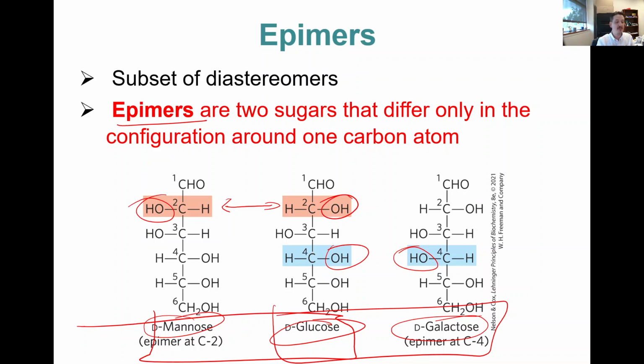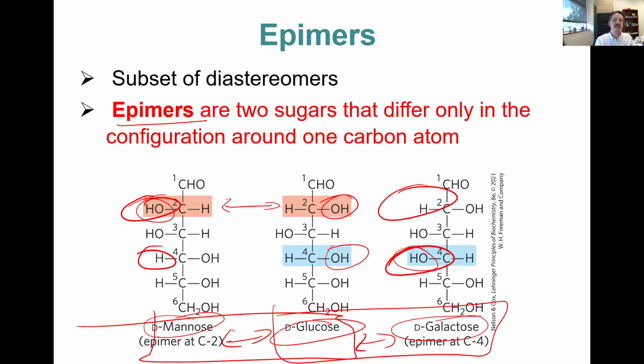So glucose and mannose are epimers of each other, and glucose and galactose are epimers of each other, but not galactose and mannose, because there are 2 carbons different between those, so they wouldn't be epimers of each other. But they'd still be diastereomers with different physical properties, just not epimers.